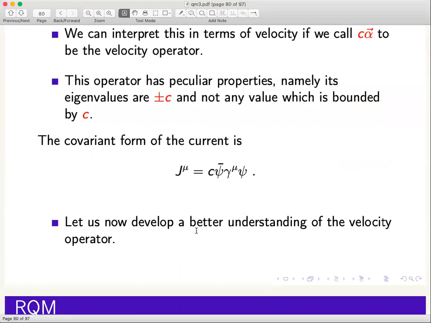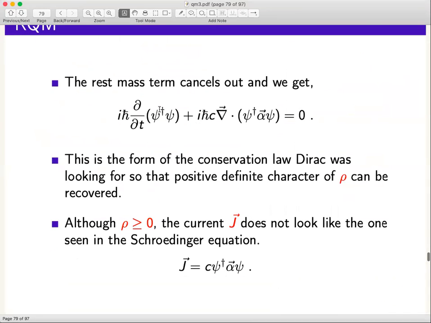Okay, so you can write down a current in a covariant form. We have a zeroth component written here. As you can see, you can multiply by beta squared or gamma 0 squared. Write psi dagger gamma 0 as psi bar, then you have psi bar gamma 0 psi. That is this expression.